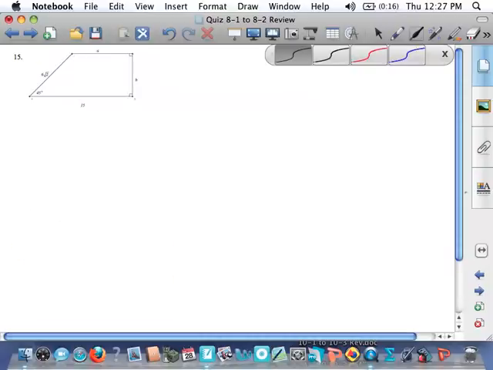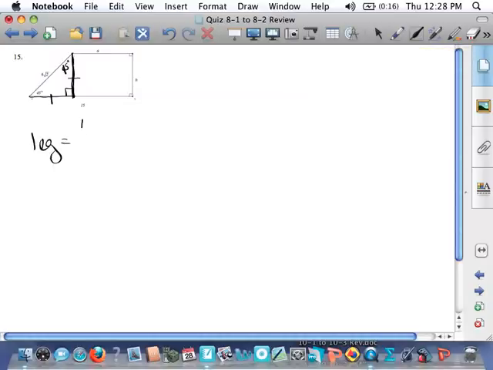In 15 again, I'm going to draw an auxiliary line that's perpendicular to the base. I have a 45, 45, 90 triangle. I'm going to find the length of this leg, or this leg, because they are congruent. So the leg is equal to the hypotenuse, 6 root 2, over root 2.